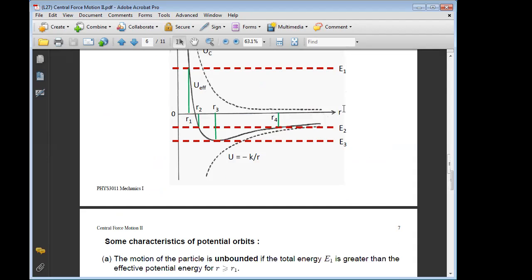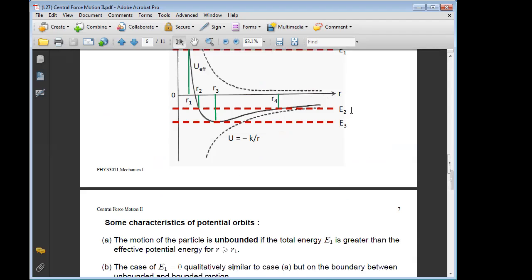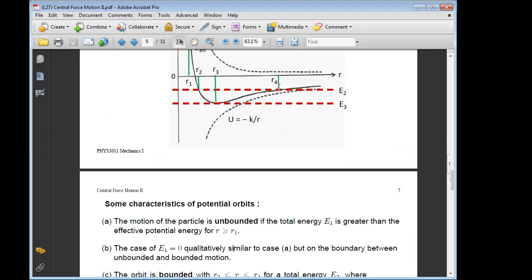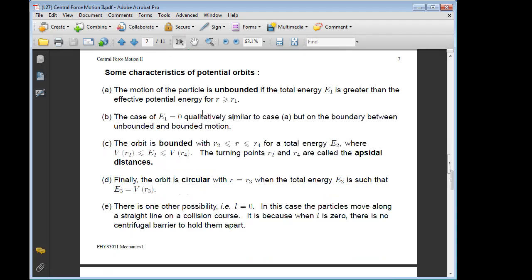When the energy is equal to E2, the particle is bounded between these two points, R2 and R4. The motion is just back and forth motion. When the energy is E3, the particle will be staying at R3 all the time. And that means the orbit is circular.